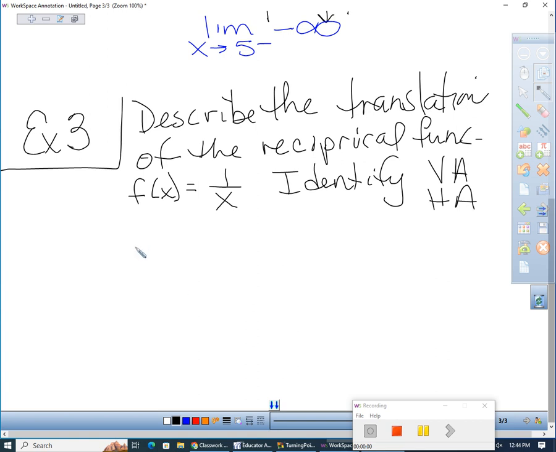So I'm going to give you the function y equals 3 over x plus 4.